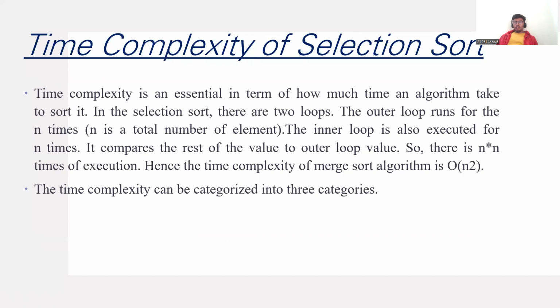The inner loop is also executed n times. It compares the rest of the values to the outer loop value. So there are n times of execution. Hence the time complexity of the algorithm is O of n squared.